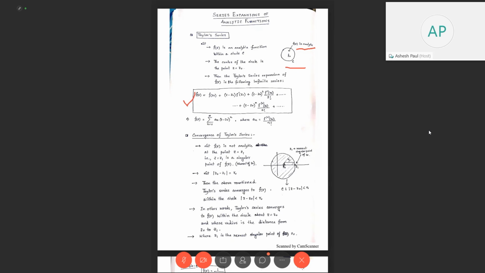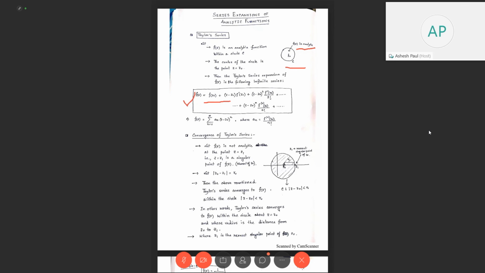This Taylor series is about the point z0, that is the center of the circle C. So f(z) is equal to f(z0) plus (z minus z0) f'(z0). What is f'(z0)? f'(z0) is the value of the first derivative of f(z) at the point z0.